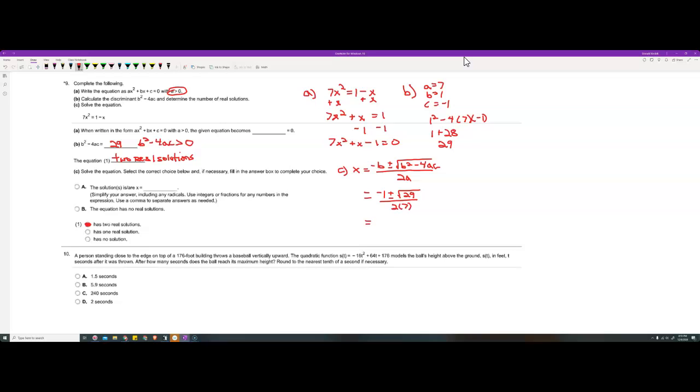Okay, so my answers are -1 plus or minus the square root of 29 over 14. And those are the 2 solutions, because you're going to have -1 plus this and -1 minus that radical.